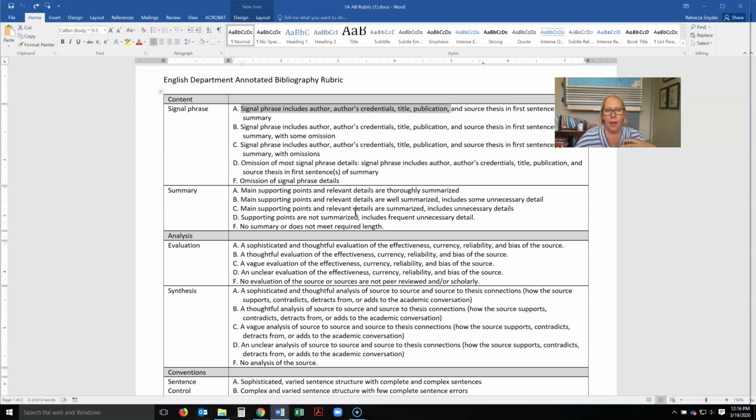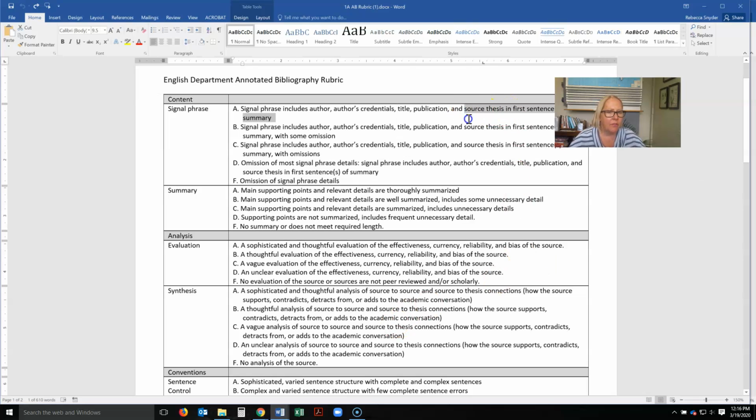Remember, there are situations in which you don't have an author, and then you have to think in terms of the organization's qualifications, or the publication's qualifications, one or the other. Either way, you have to have this piece, the credentials or qualifications. How is this person qualified or not? Because it can be a negative evaluation to speak on this topic.